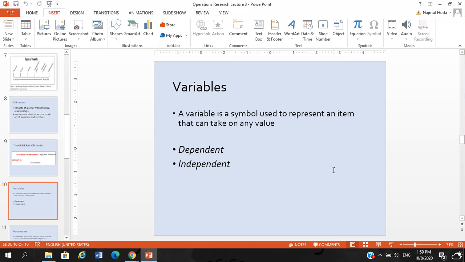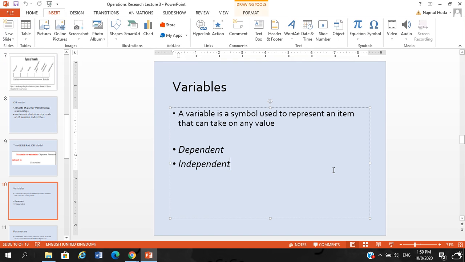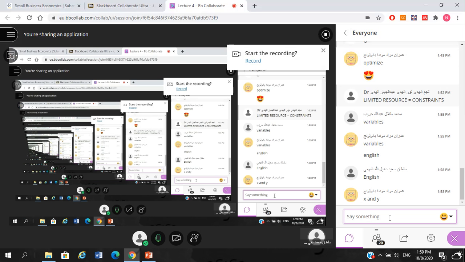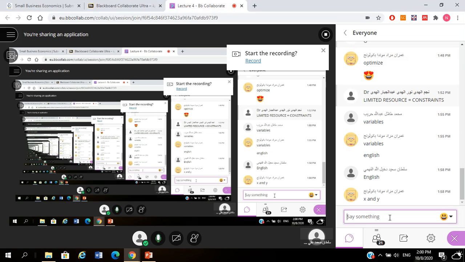Profit is the result of what? Profit is not an action, profit is the result. But what is the action, the operation, which results in profit? Tell me.